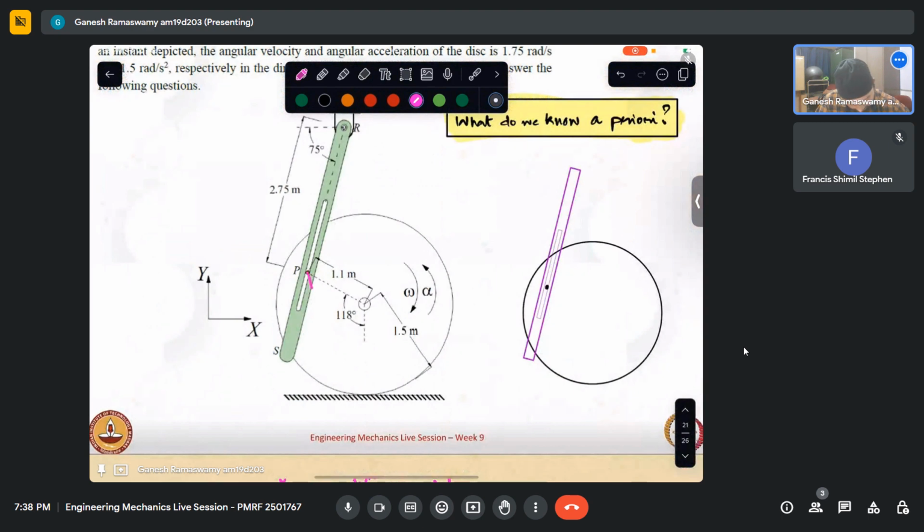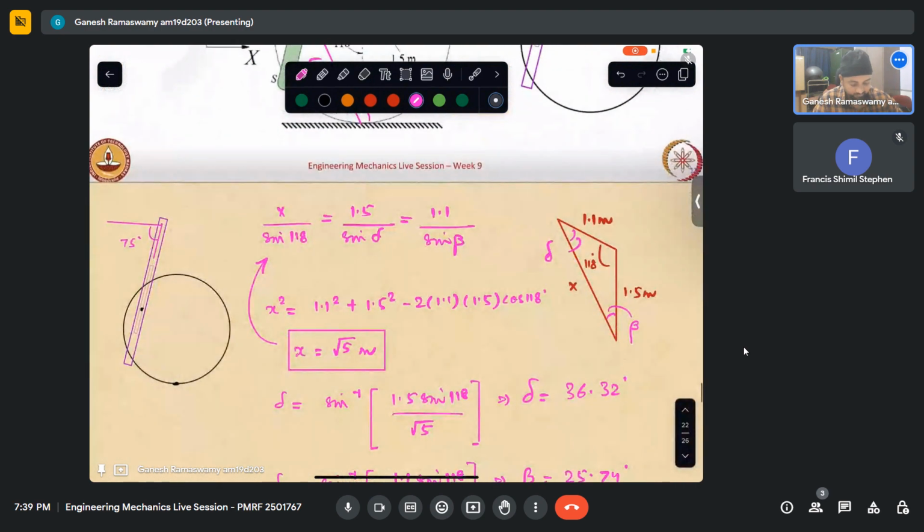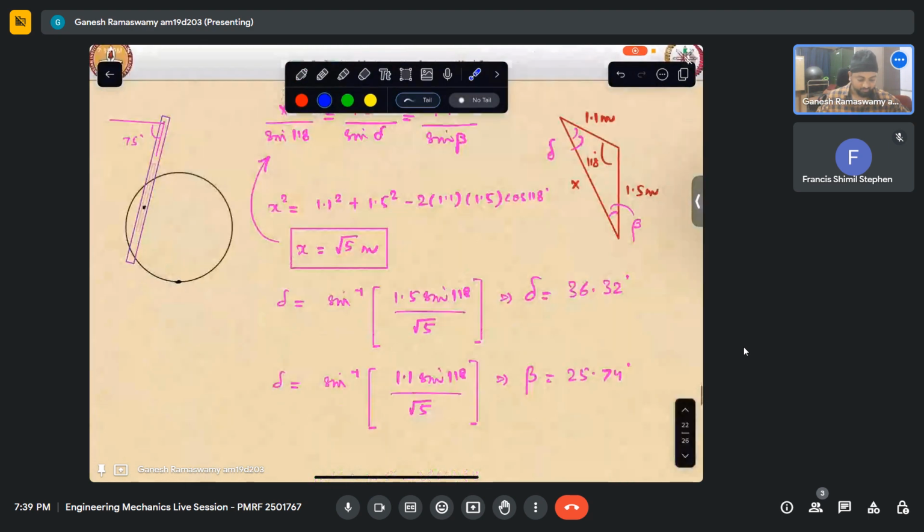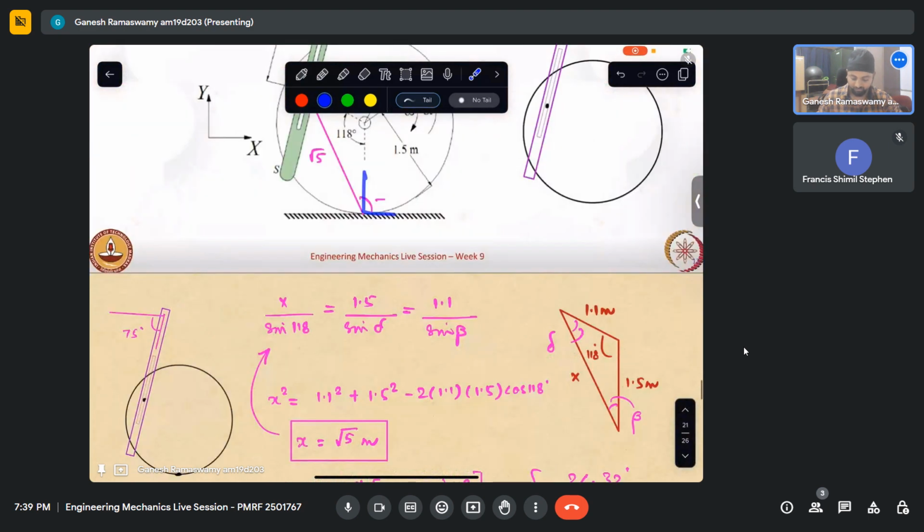So we know this distance is root 5. This distance is root 5. And this angle, what is this angle? This is this beta plus 90 degree. This angle is beta. So we have beta plus 90. So beta is 25 plus 90.